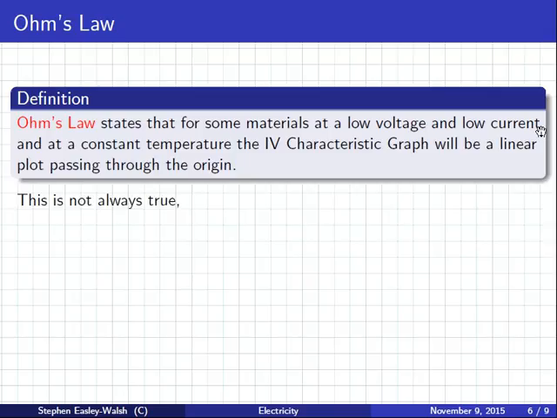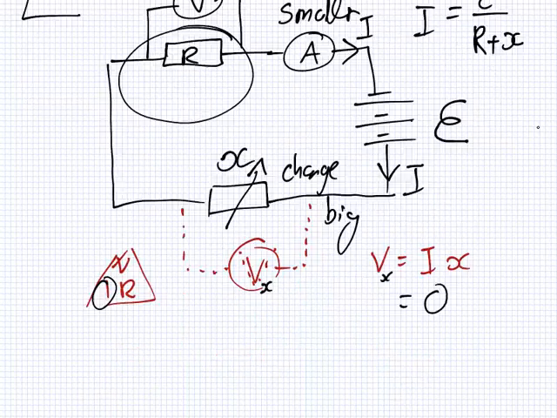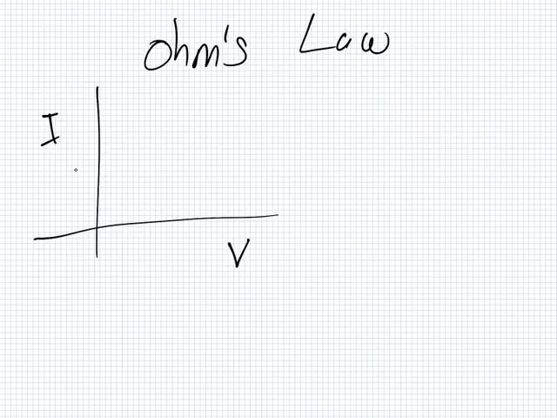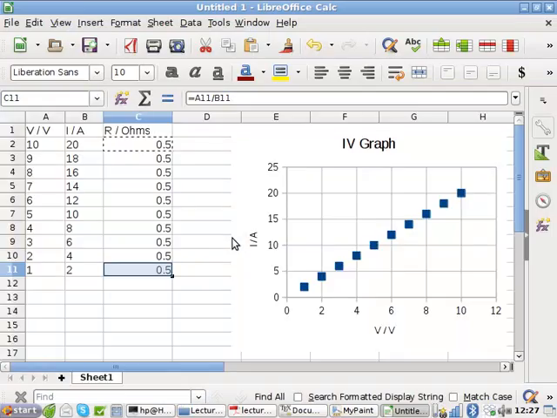So, it's not always true, but Ohm's law says that when the V is small and the I is small, the graph will go through the origin and be a straight line. Now, the interesting thing is that it's not always a straight line. In the graph I did, it was a straight line. But in real life, it won't always be a straight line.